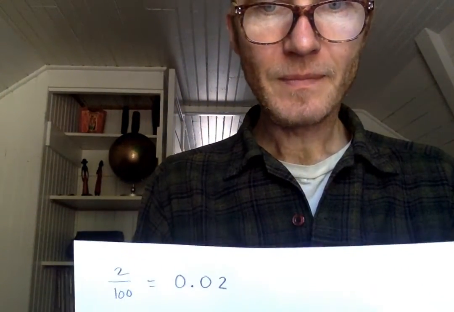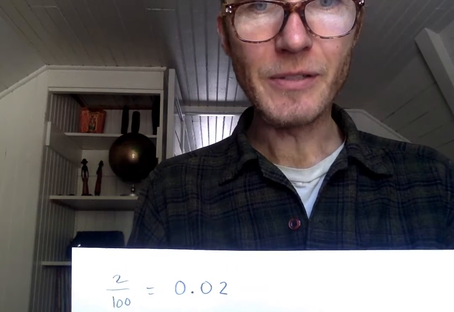Well, it's going to be 0.2? No, because it's 2 in the hundredth spot. So it's going to be 0.02. I'm going to have to move this. Sorry about that. Get a little further away. It's going to be 0.02.